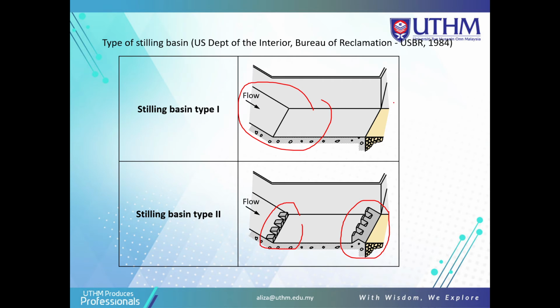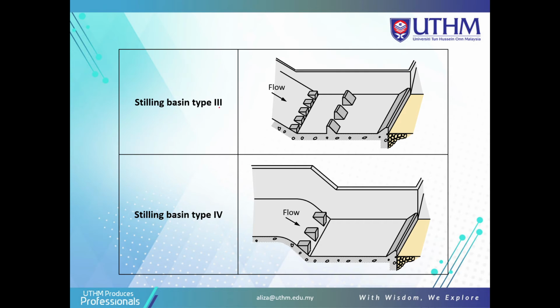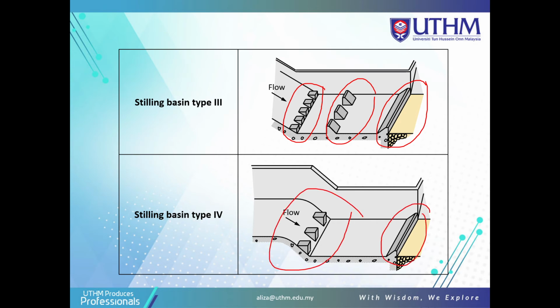Type 1 is not used. Stilling Basin Type 3, they have the 3 here. Type 1, 2, and 3 you must design. Stilling Basin Type 4 just looks like this one. So this is the hydraulic structure for Stilling Basin Type 3 that you must design in this chapter.